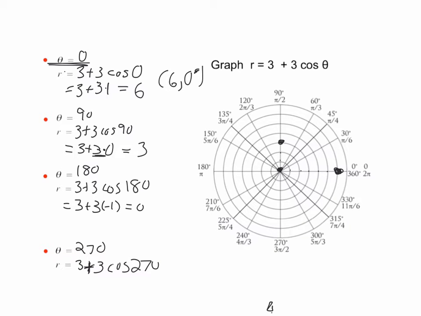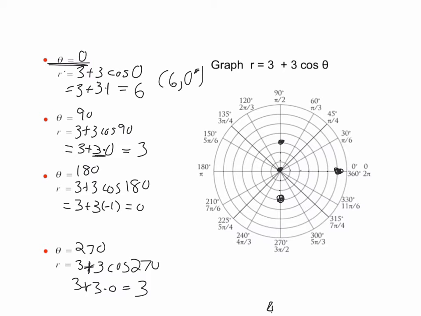And then last but not least, I have 3 plus 3 times the cosine of 270, but the cosine of 270 is 0 again. So I really have 3 plus 0, which is 3, but that's when I'm facing straight down, when I'm facing 270 degrees, so I walk forward 3 steps.